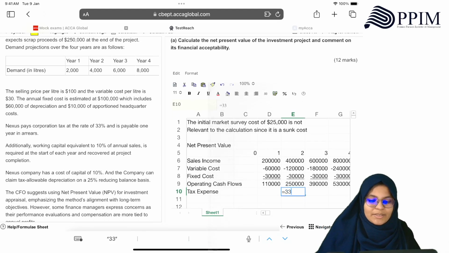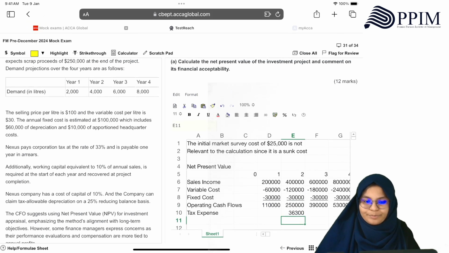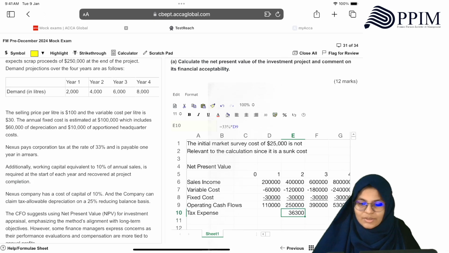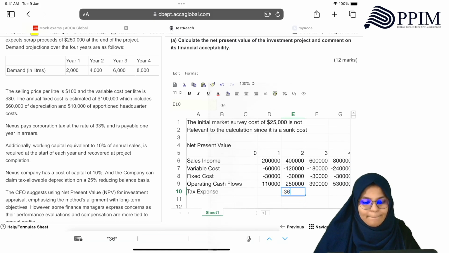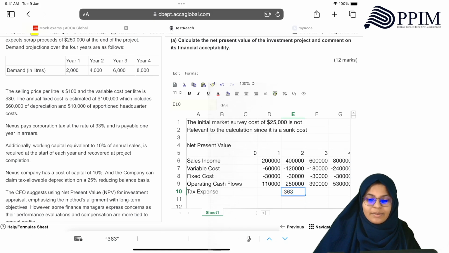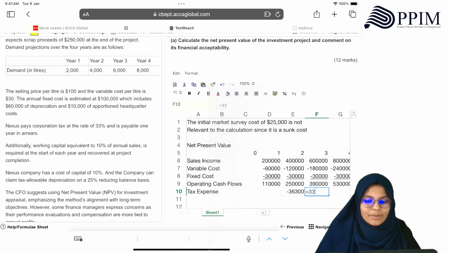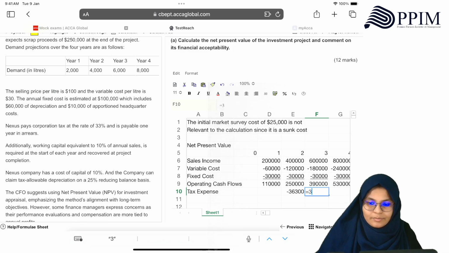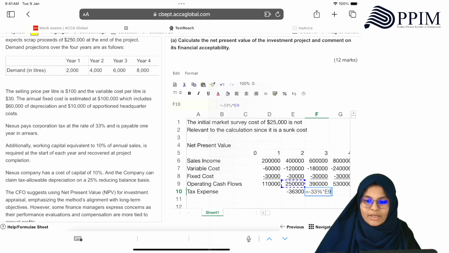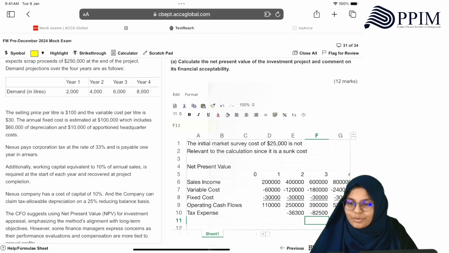So 33% into 110 will happen in year 2. That is 36,300. Put as a negative figure. Then here it will be 33% into the previous year's figure, which is 82,500.